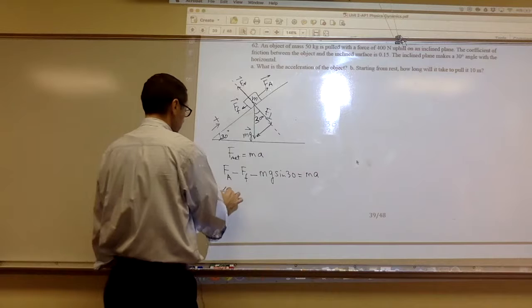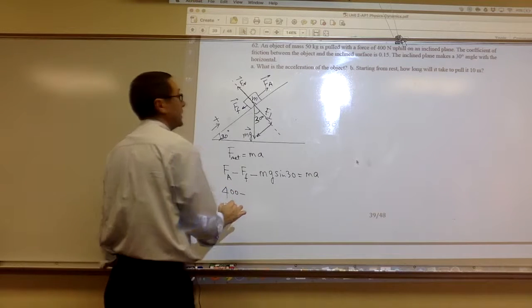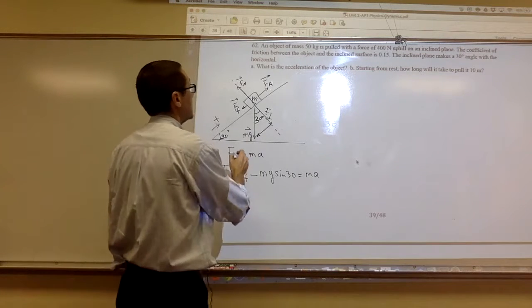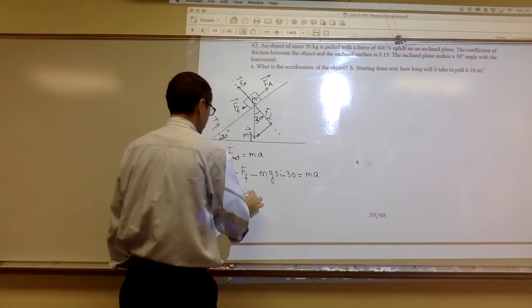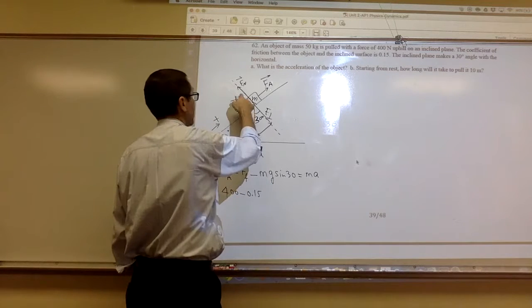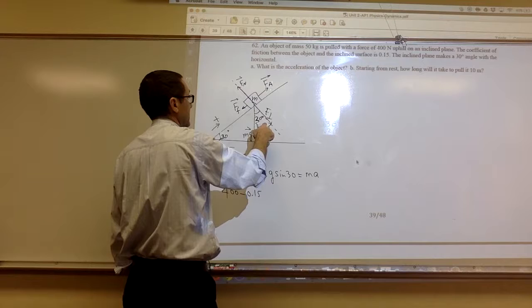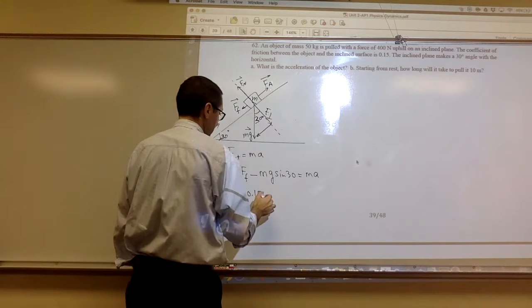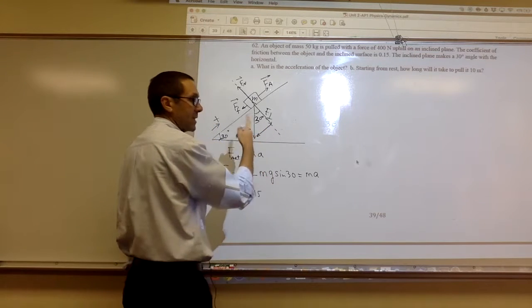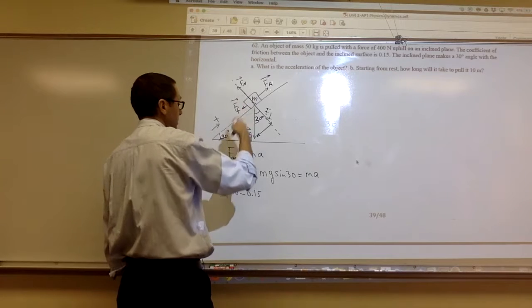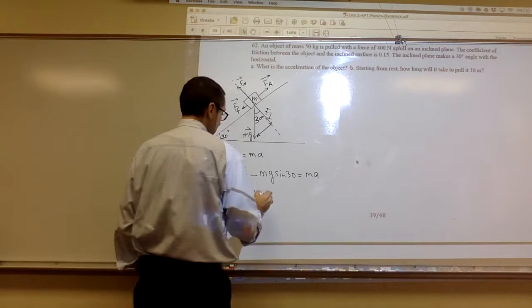Now the Fa is 400. The Ff is mu, which is 1/15, times Fn, and Fn is the perpendicular component of mg. Later on, that's going to change. It all depends on the free body diagram.